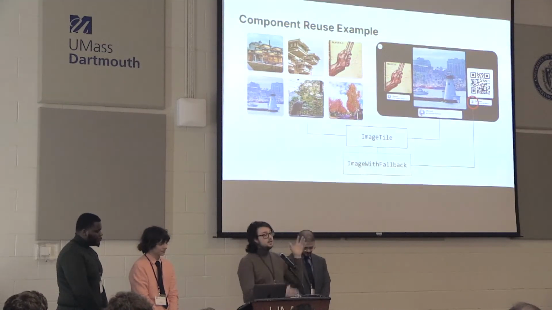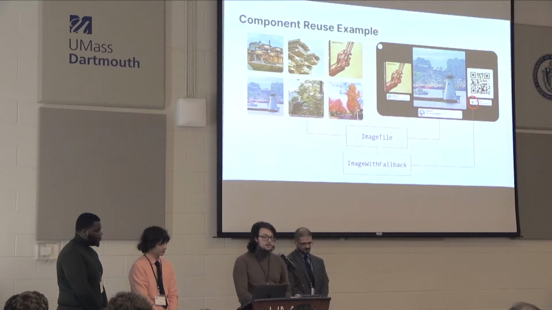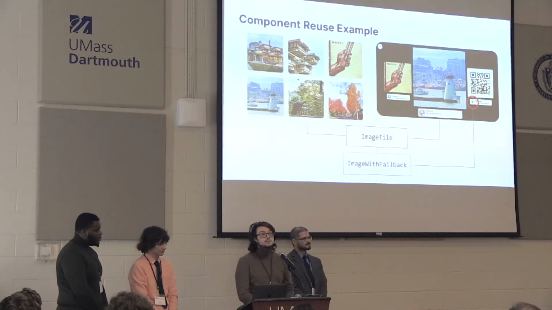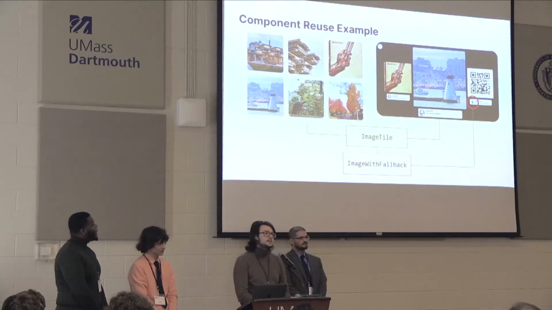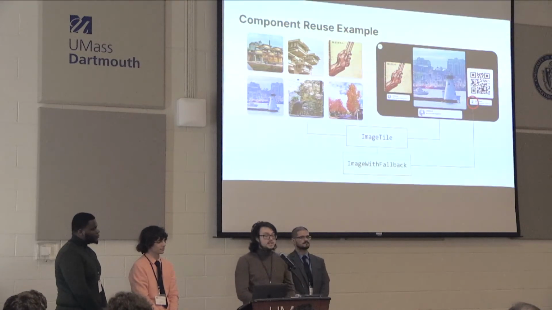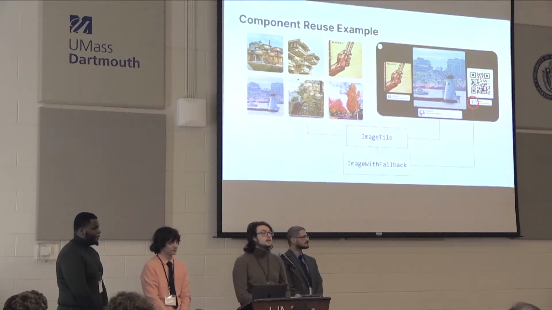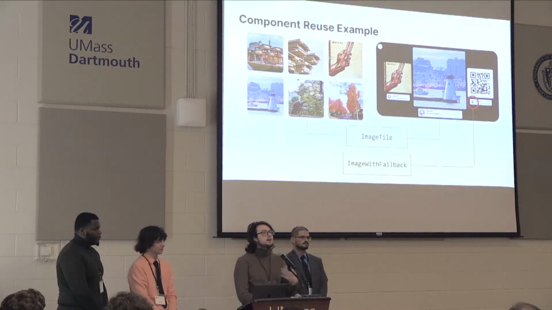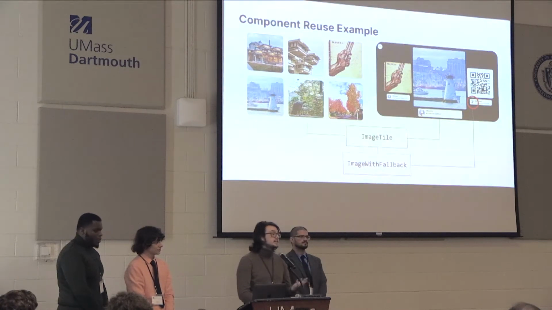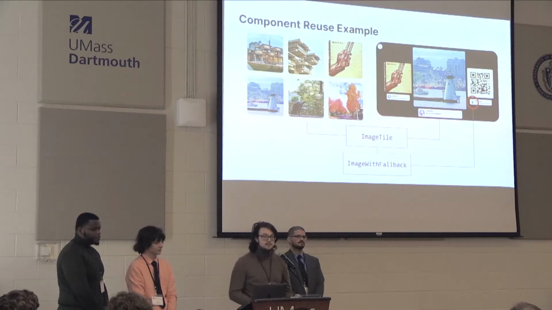So in that gallery grid on the sidebar, we created a component called the image tile, which loads an image from a remote resource and displays it with rounded corners and a box shadow. This image tile actually uses another component called the image with fallback, where if a URL to an image no longer exists, it will fall back to a secondary image.